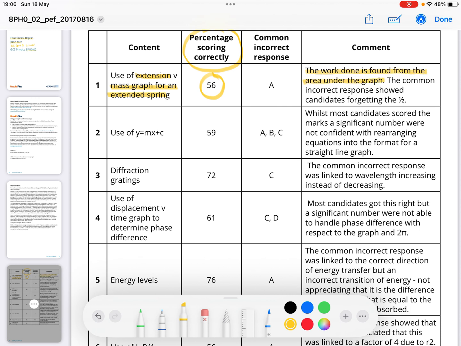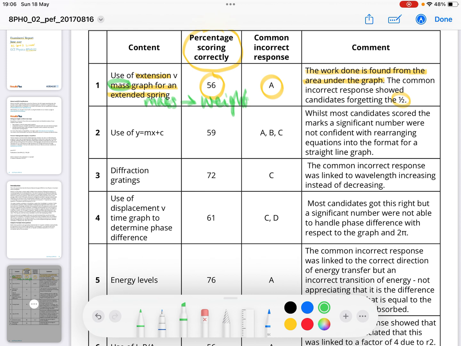The common incorrect response: a lot of students put A because they forgot that the area under the graph is a triangle, so it's half base times height, and they forgot to divide the answer by 2. The other thing you need to realize is that because it's a mass against extension, you also need to change the mass into weight, so to get the expression right, you've got to change mass into newtons.